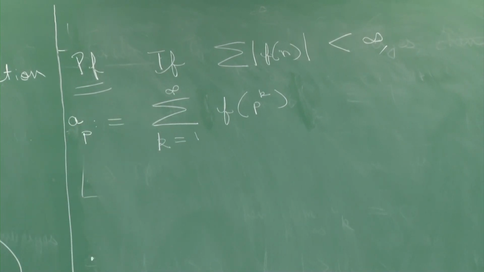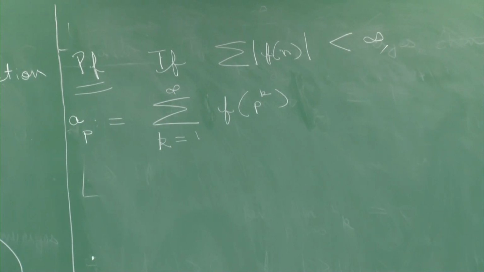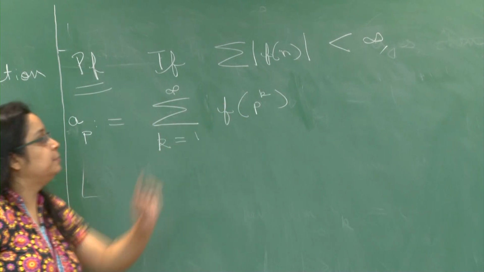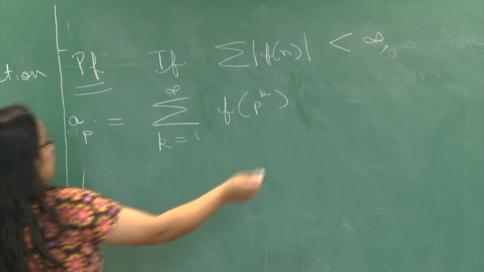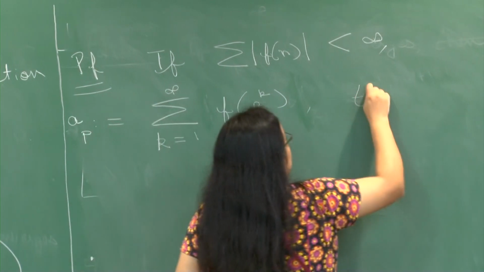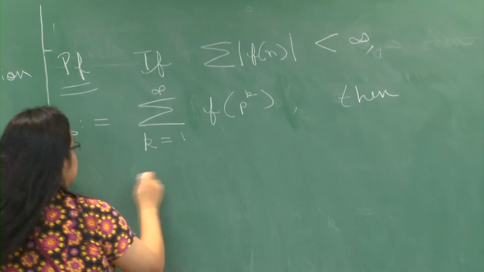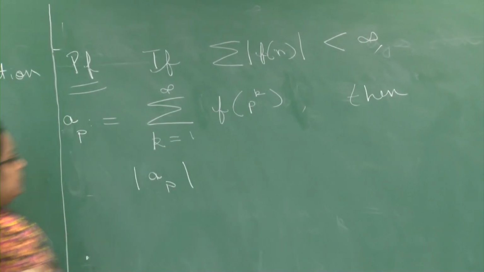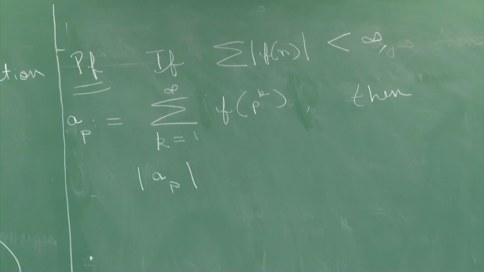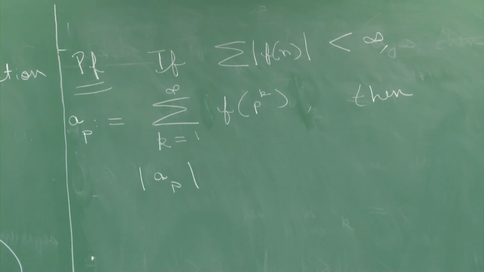Define the term a sub p as the sum coming from the powers of that prime, but note that each a sub p is also finite.